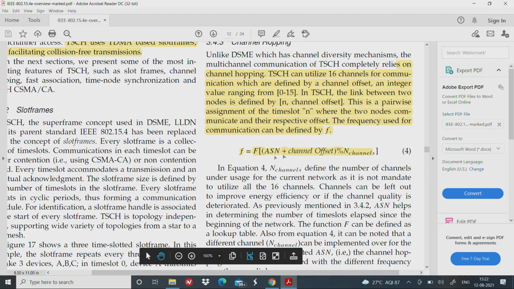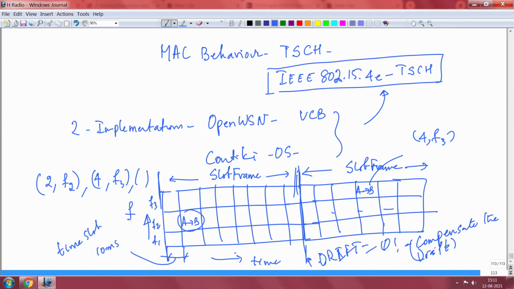You can see that the frequency of interest is essentially a function of ASN. This is called the absolute slot number. Now, what is the absolute slot number? ASN simply means when the system was switched on, the coordinator sent out the first slot frame at this point.